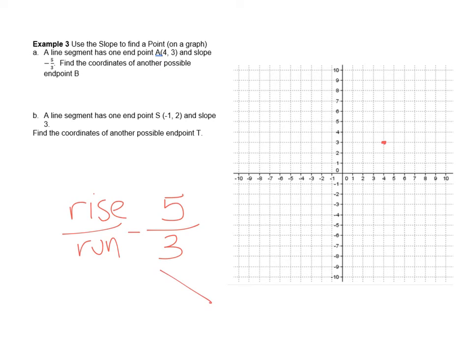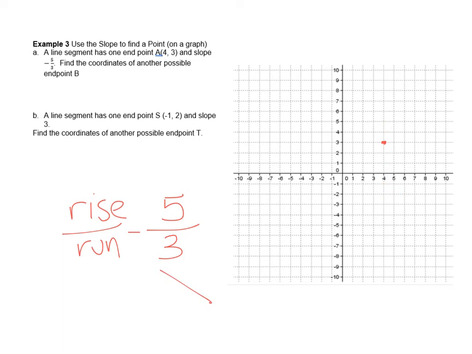So down 5 from 3 takes me to -2. And then over 3 to the right for the run from 4 is going to take me to 7. So this point here is 7, -2.